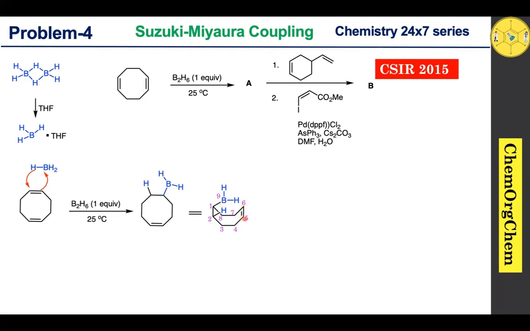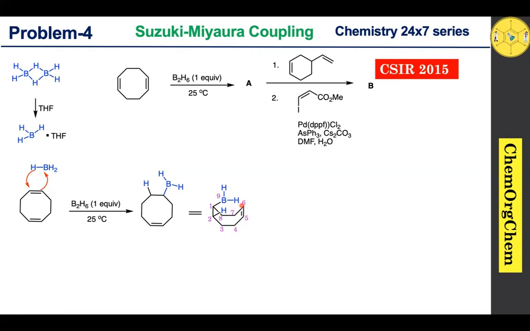Why does this happen like this? For this you should understand the transition state of this reaction. When hydrogen adds to the sixth carbon and boron adds to the fifth carbon, it proceeds through two six-membered transition states. Instead, imagine if hydrogen adds to the fifth carbon and boron adds to the sixth carbon; that makes one five-membered transition state and one seven-membered transition state.